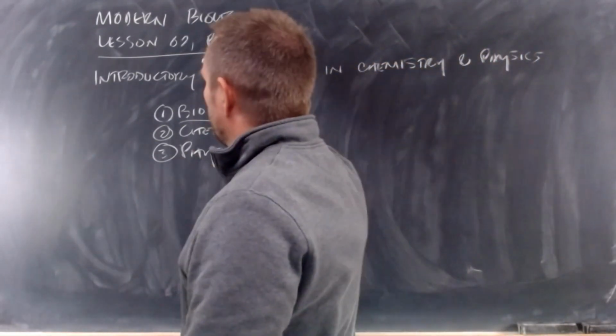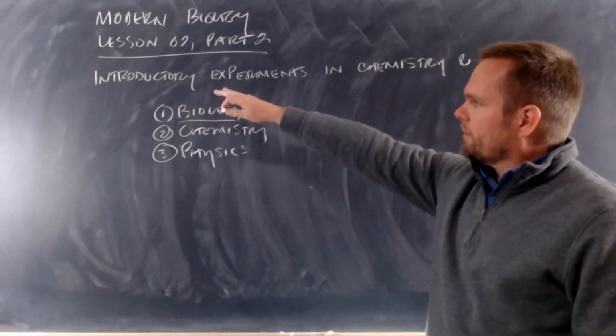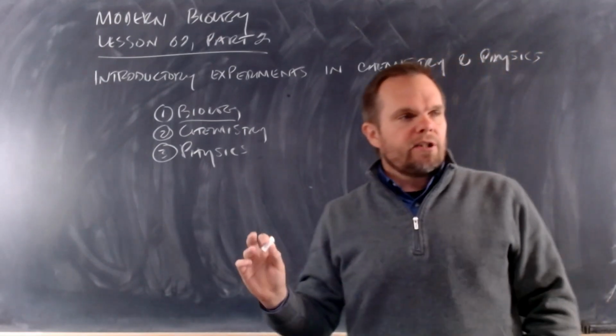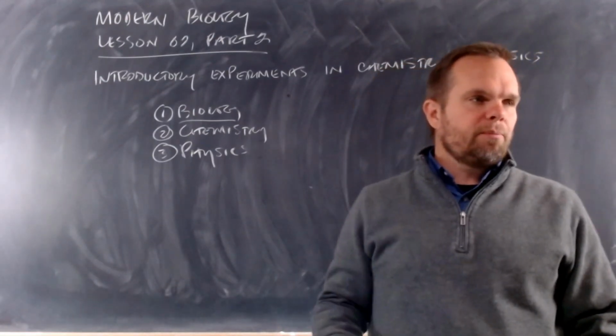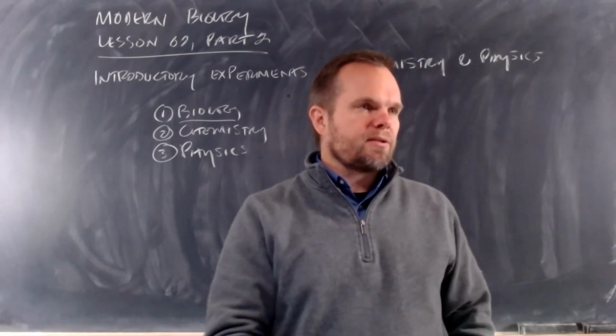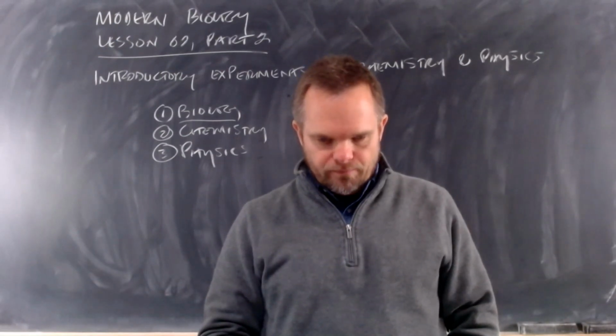But we need a little bit of chemistry and physics knowledge to help us in the study of biology. So in lesson 2, we go through some introductory experiments in chemistry and physics that provide us with some simple knowledge that will help us as we get started in the study of biology.